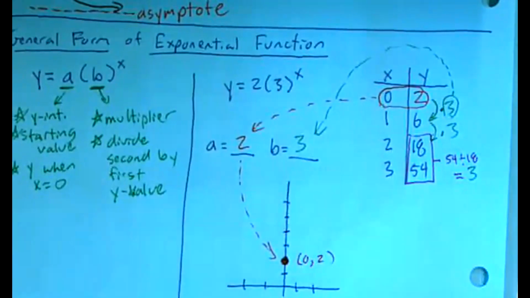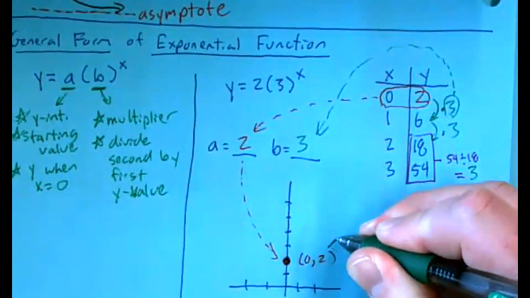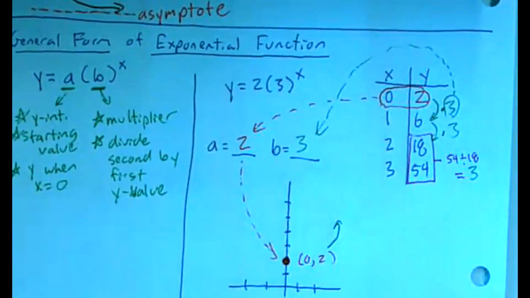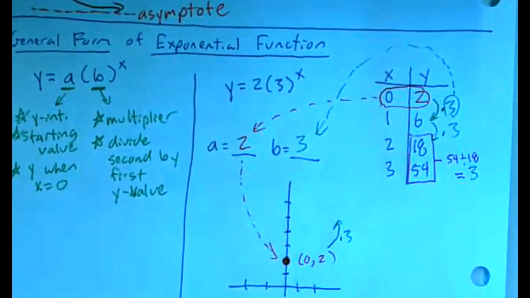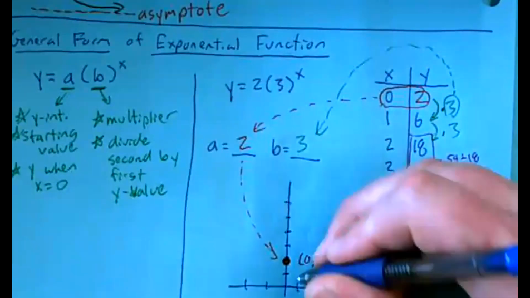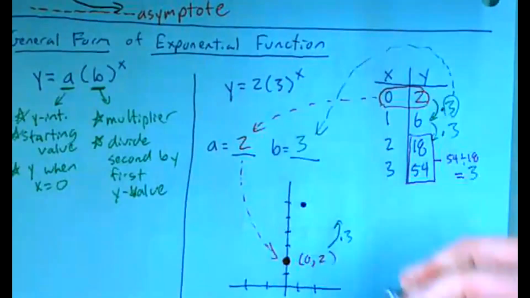And then we're going to have another point that we're going to draw. What am I going to multiply this 2 by to get my other point? Our multiplier is 3, so 2 times 3 is 6. So we'll have another point at 1, 6: 1, 2, 3, 4, 5, 6.